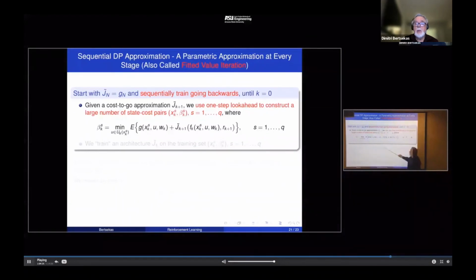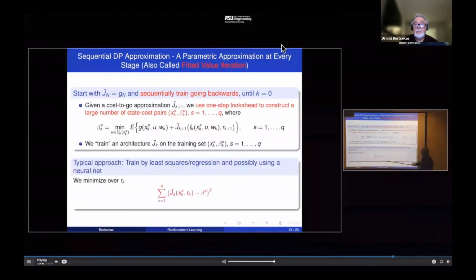Okay? So for just the states in my sample set, I do this minimization, this expectation. Of course, this involves quite a bit of computation, but let's suppose you can do it, or you can do it approximately, and you can get this beta_k^s. So this is my data, and then we train an architecture for j tilde k. Using j tilde k plus 1, we get an architecture j tilde k by solving this least squares problem.